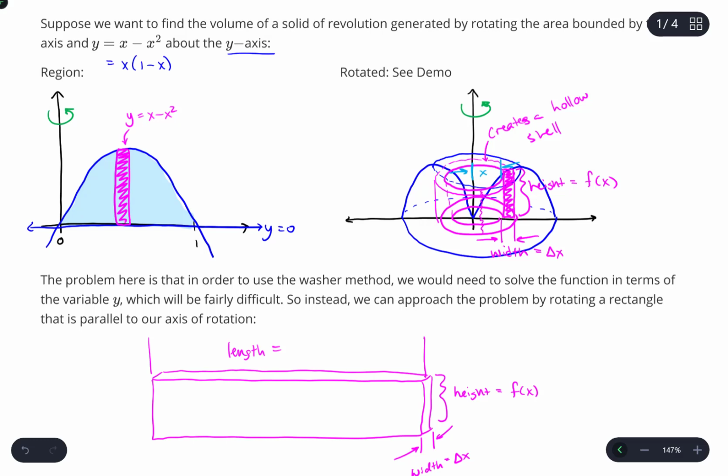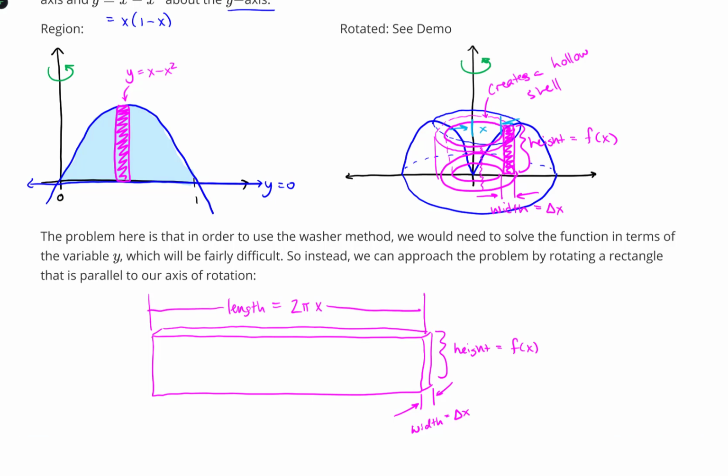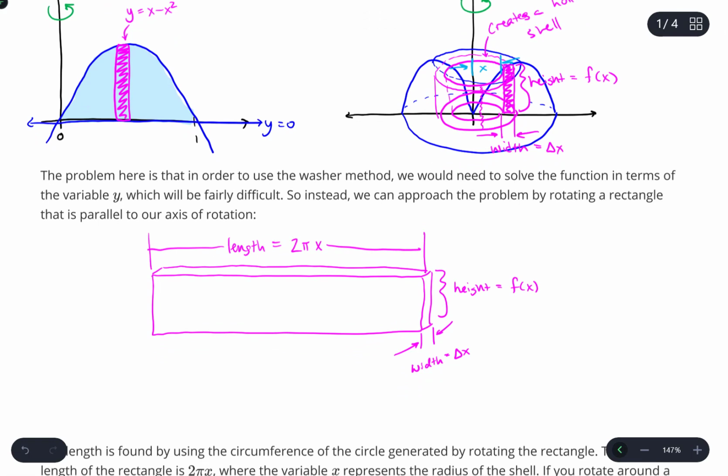That's just whatever x is. So whatever this x value is for the base of the rectangle, that's your distance from the x-axis. And you can think of that as a radius. And if you think of that as a radius, you could multiply it by 2 pi and come up with the circumference of that circle, which is the length of this rectangle.